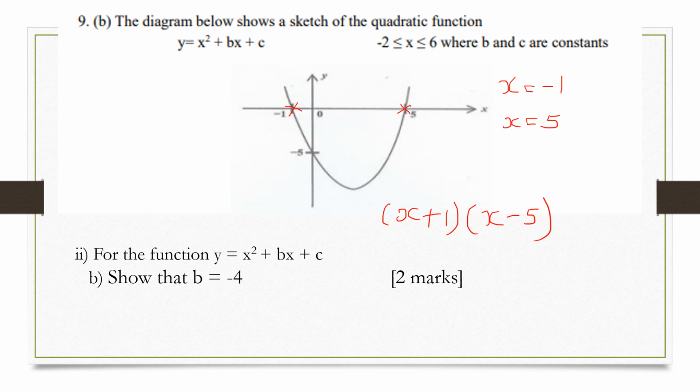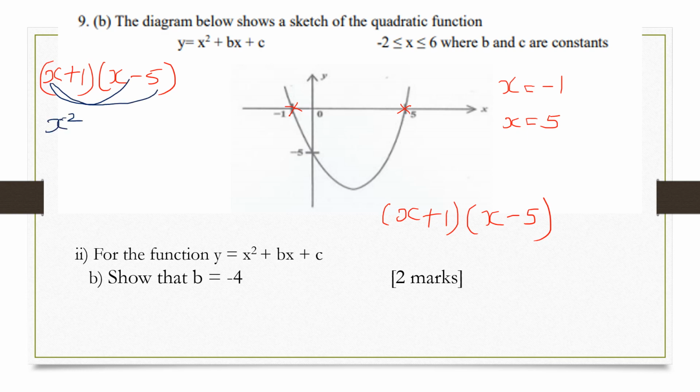And if we expand these double brackets, we're going to find the value of b, and we're even going to be able to check for accuracy relating to the value of c. So here we go. So x plus 1 by x minus 5. Okay, let me use a different color. So x times x is x squared.